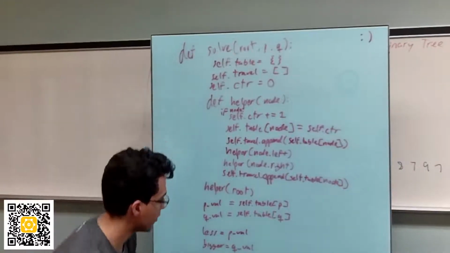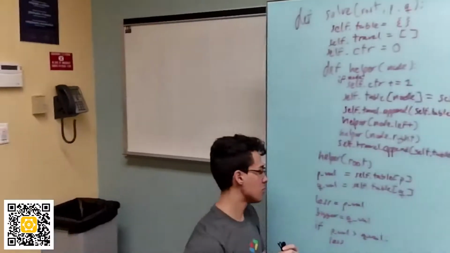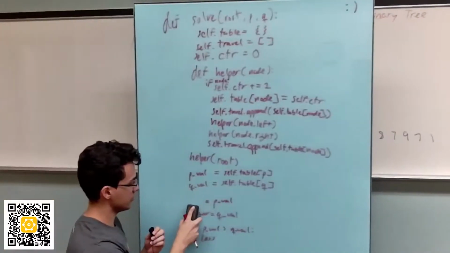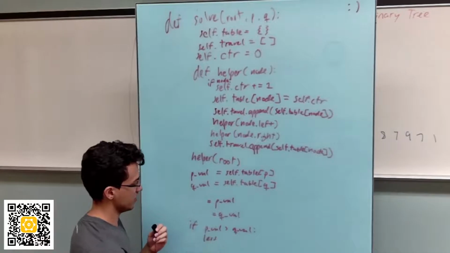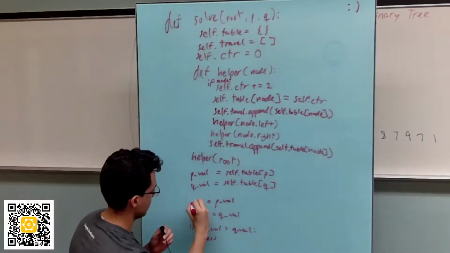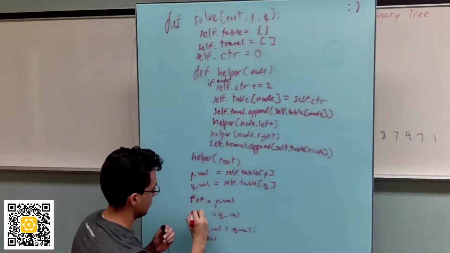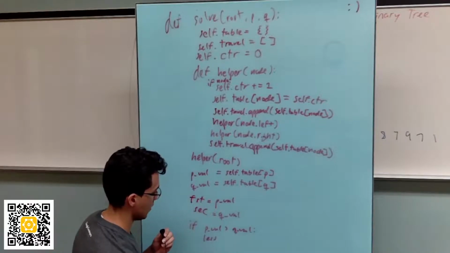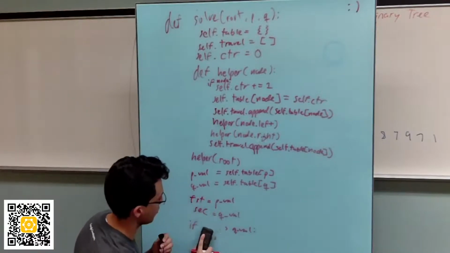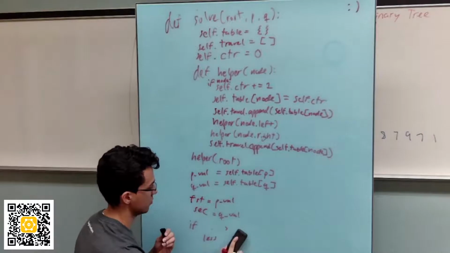Okay, so if the less one, as in first, why don't I just call it first, right? And if the first one is actually greater than the second, then just swap them.